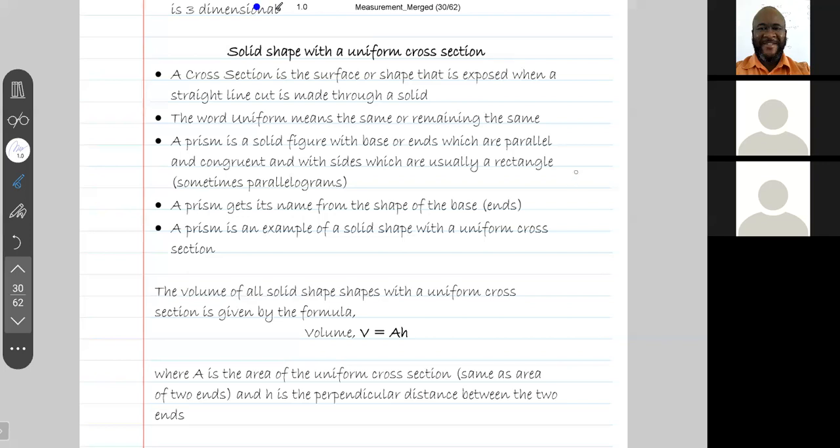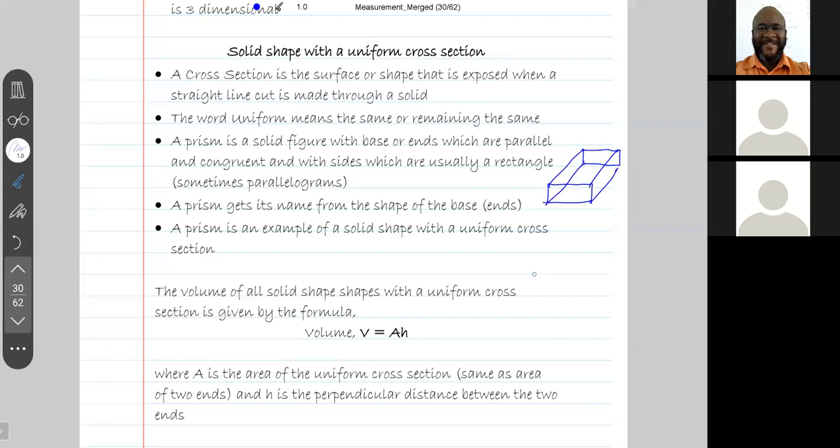So, for example, I'll just try and do a quick example. This would be an example of a prism. It's a solid shape with a uniform cross-section and the sides are rectangular.